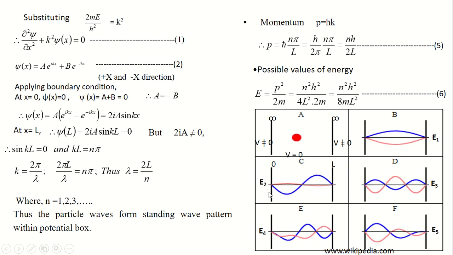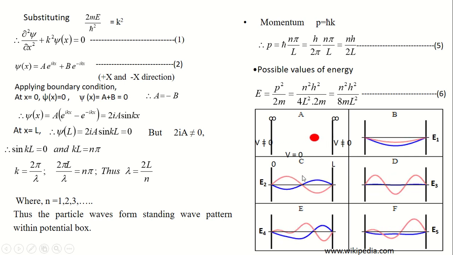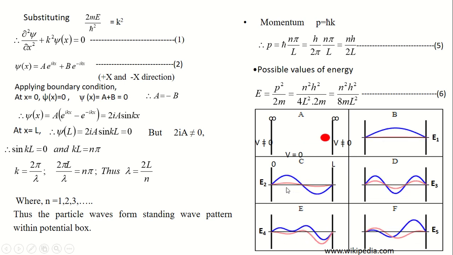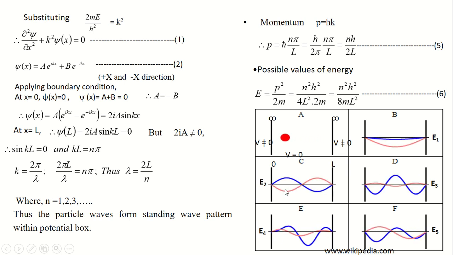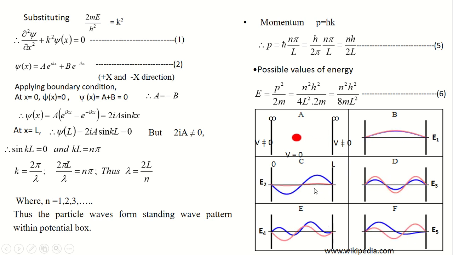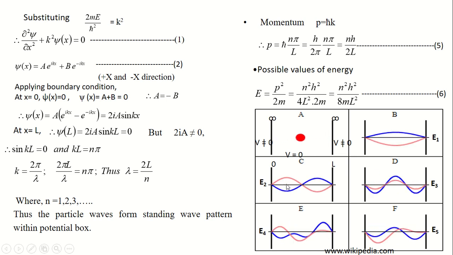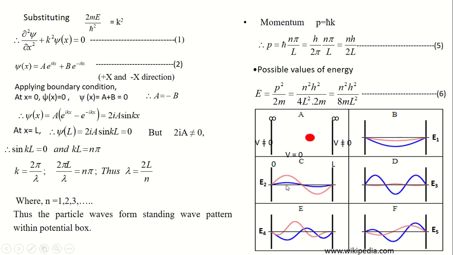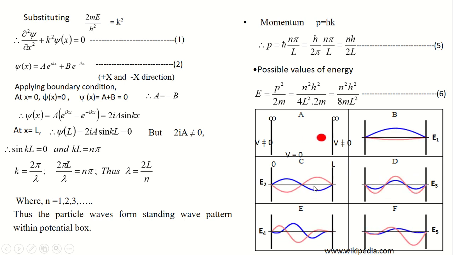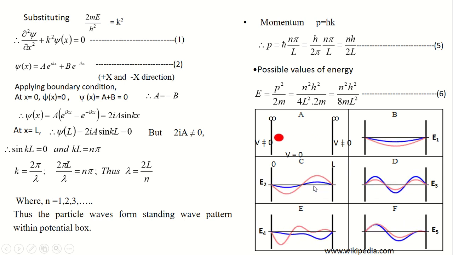Now here you can see, as L is equal to lambda, a full wave, and therefore the maximum amplitudes are at the centers of the left half and right half. So the probability of finding the particle is maximum at the center of the left half and right half of the potential well.